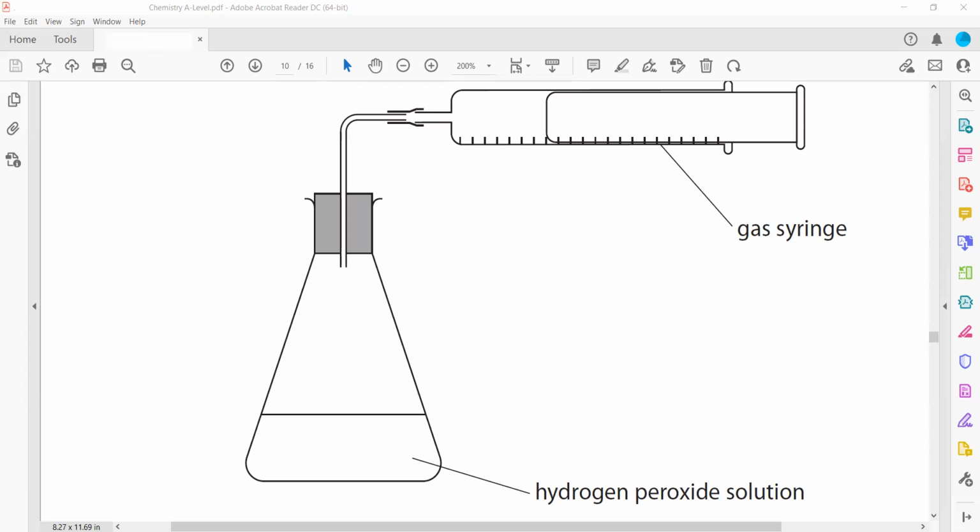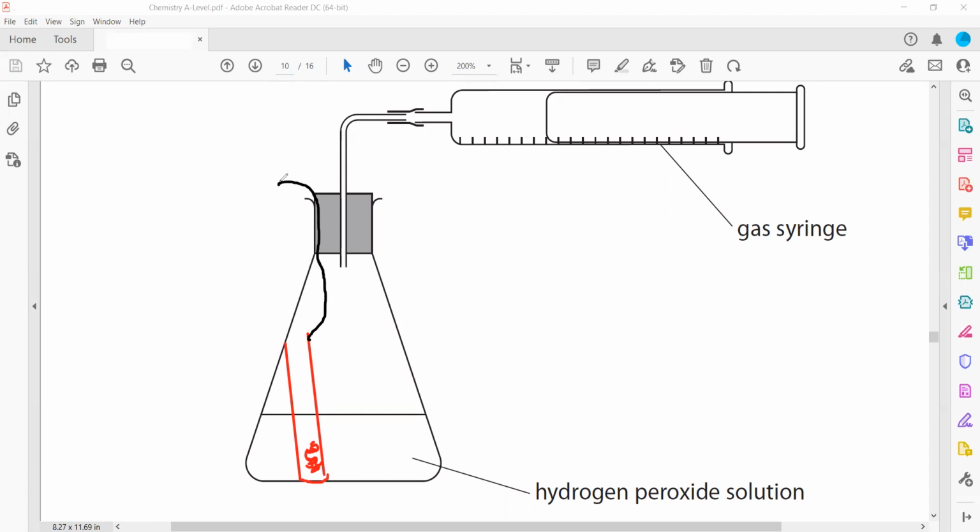So how can we mix a solid with an aqueous solution or a liquid in that case? We can place a small test tube inside the conical flask. The small test tube holds the solid and is connected with a fine thread.